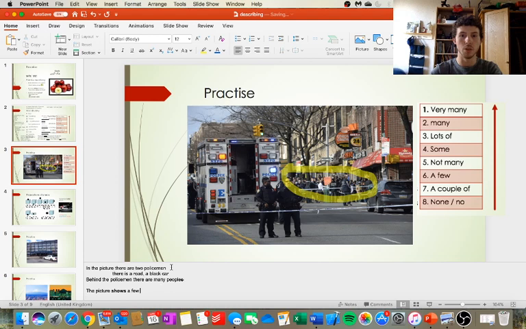The picture shows a few police officers. Good. A few. 3 to 5. So it's a few. Brilliant. A few policemen. They are closing the road.